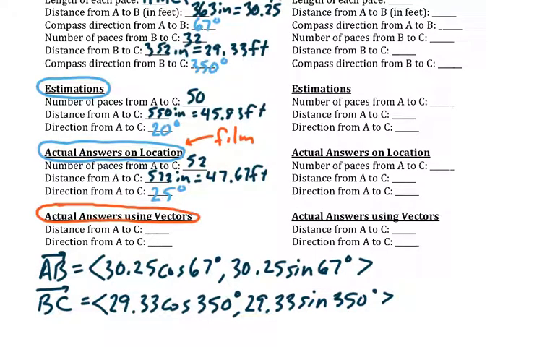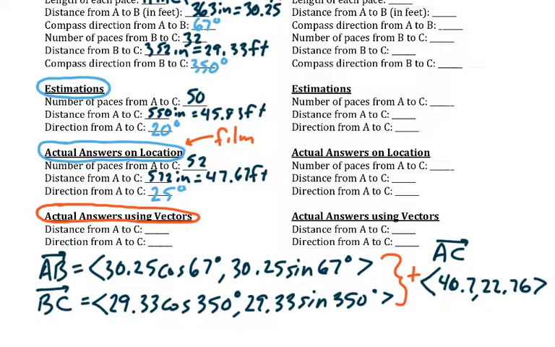So now to find my resultant vector, I'm basically just going to take those two vectors, put them in the calculator, and let's add them. Okay, when I do that, my final component form from A to C is 40.7, comma, 22.76 or so.